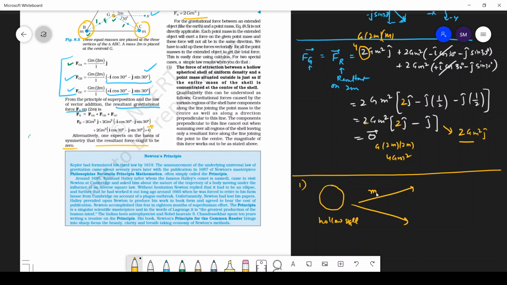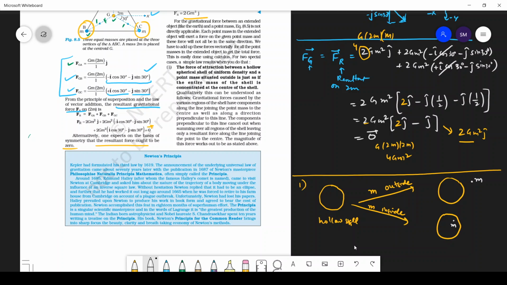One is mass outside the shell, and in another case mass inside the shell. So here I have this shell, here also I have this shell, and in one case the mass is outside at this point, another case mass is inside at this point.